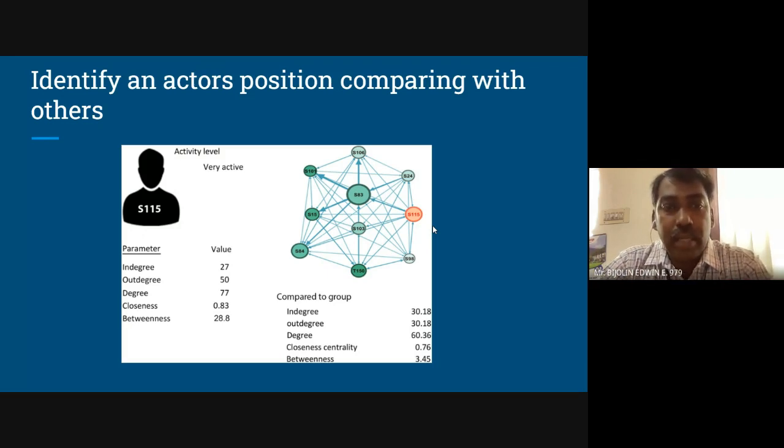That is the main objective of social network analysis. We also use network nodes through graph theory to understand the entire structure of social networks. Can you move to the next slide?